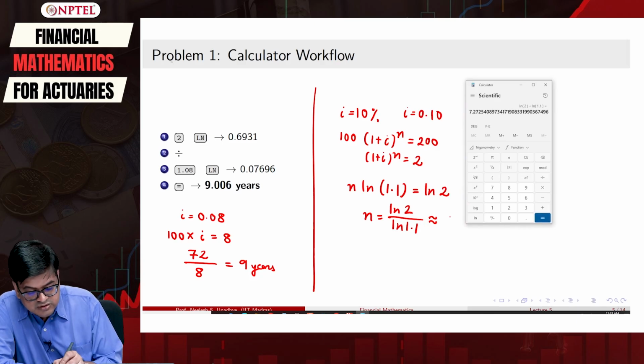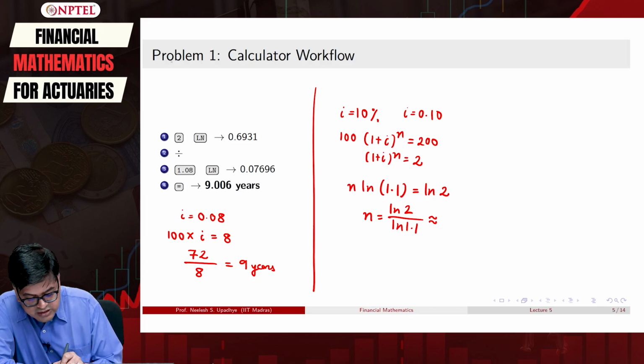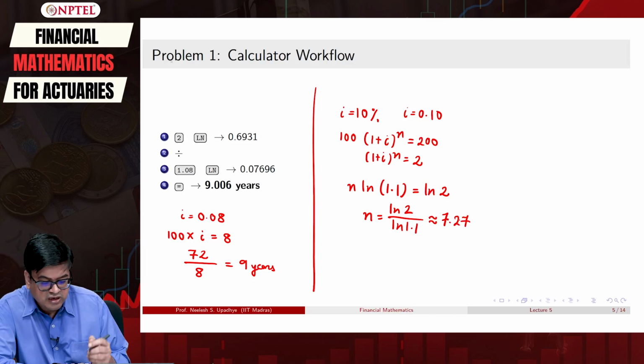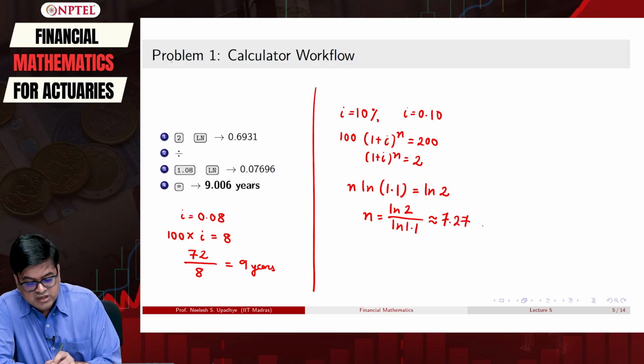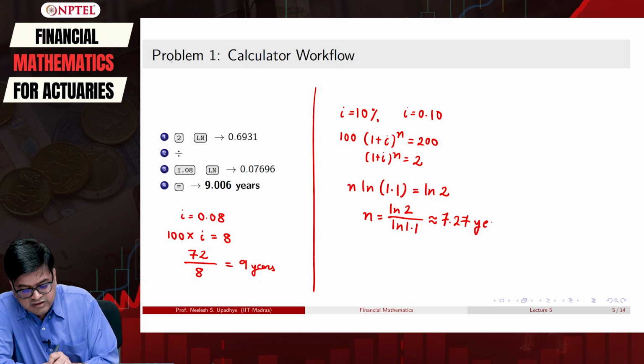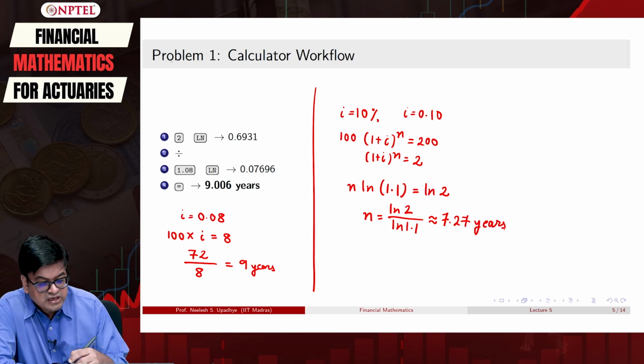I get the answer to be equal to 7.272. I will trim it at the second decimal, 7.27. So it basically takes 7.27 years if the interest rate is 10%.